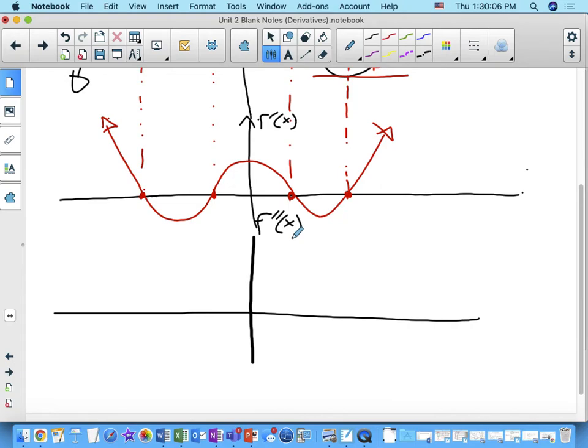Okay, so let's see. We're going to see where this is 0, right? Horizontal tangent line there, there, there. Okay, so this is where my zeros are.